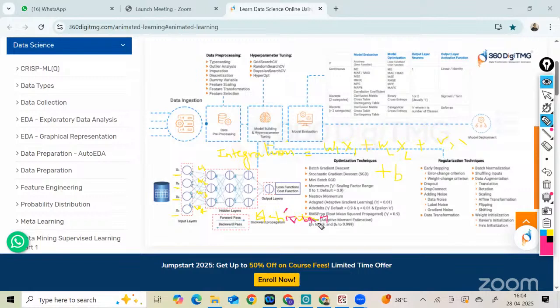We are subtracting this eta value with this partial differentiation with respect to the old weight: del of loss over del of old weight.